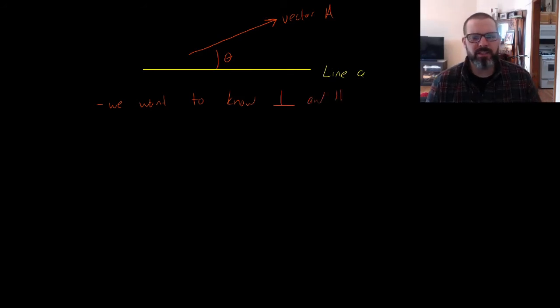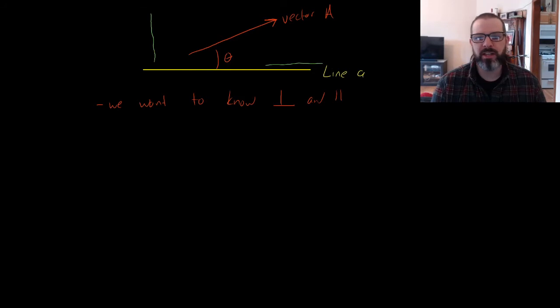Another way of saying this, we want to know what component acts along line A and what component acts perpendicular to line A. Now, in 2 dimensions, this is really hard. And I say that ironically.